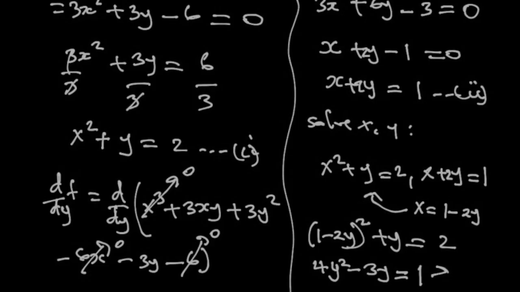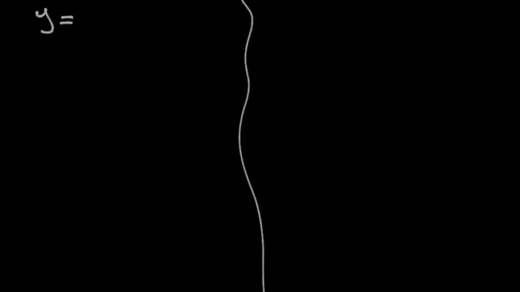Now this is a quadratic equation. You can solve it using the quadratic formula. y is equal to 1 and negative a quarter. Now you can solve for x. We know x is equal to 1 minus 2y. So if you plug in 1, you will have negative 1 as x1.